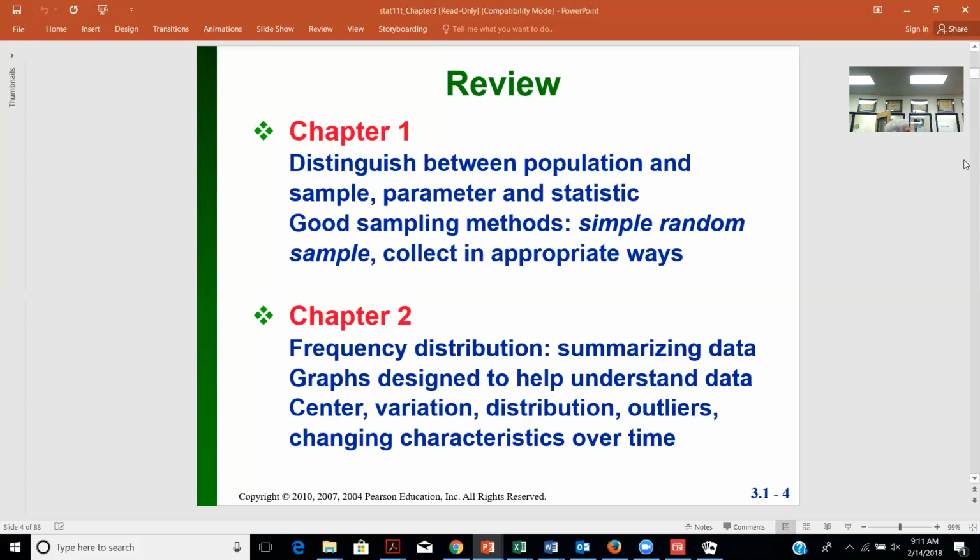Then the term statistic comes in. This is one of the definitional terms that we need to understand. A parameter is a characteristic of a population, and a statistic is a characteristic of a sample. Okay? So we have to keep these definitional issues very, very clear.